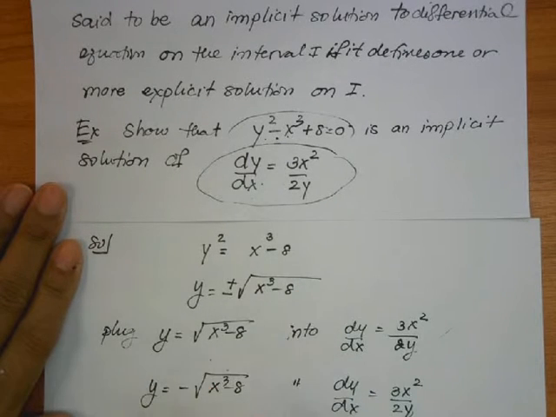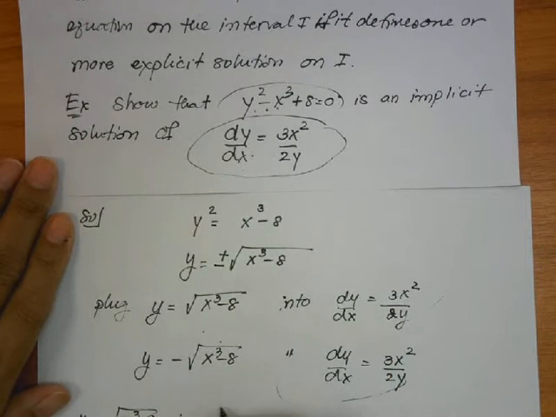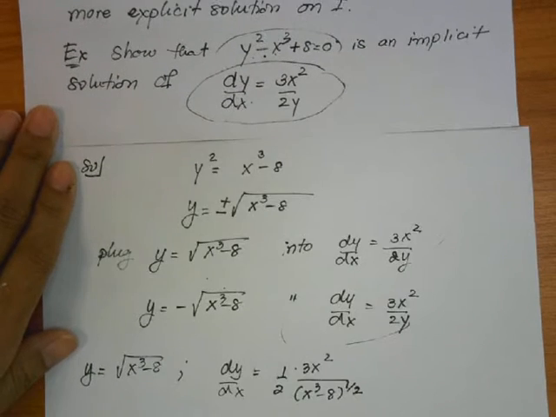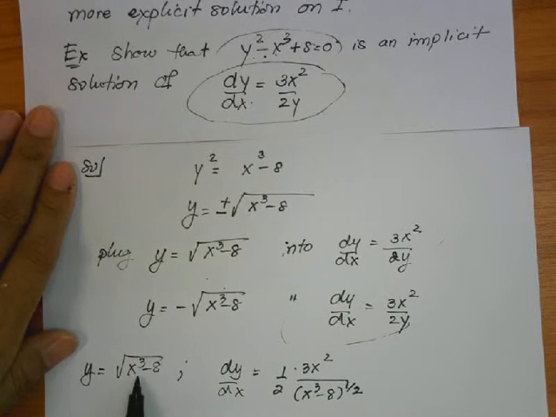The first one, the first answer. If you want to plug it in there, you've got to do the differential of y by dx. What do you get? You get like this, right? If you do the differential of this term, you do dy by dx, you get this.